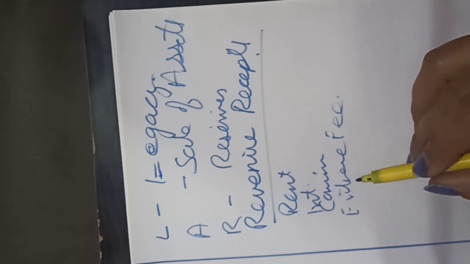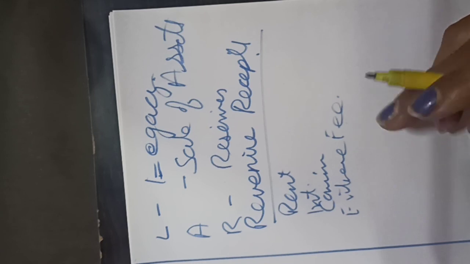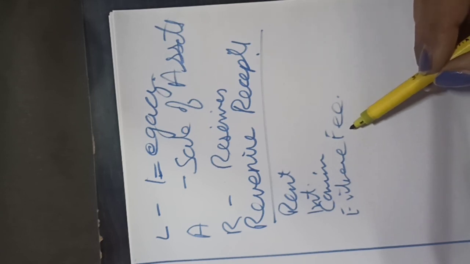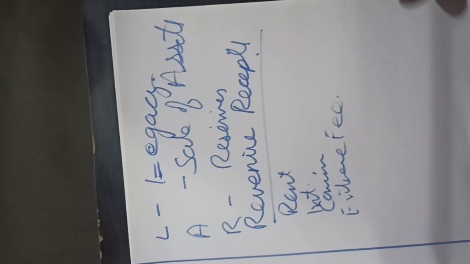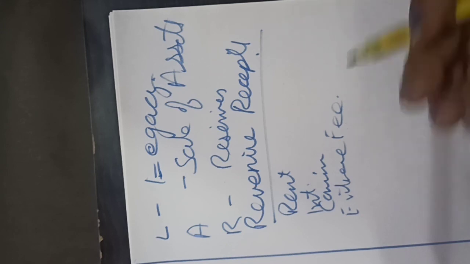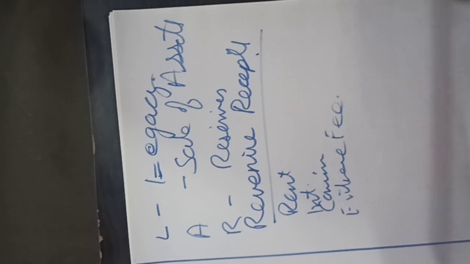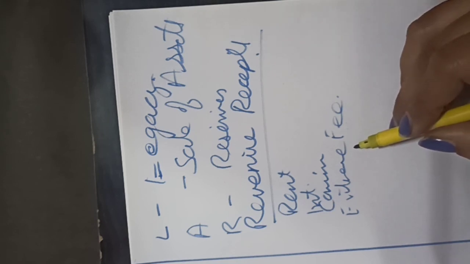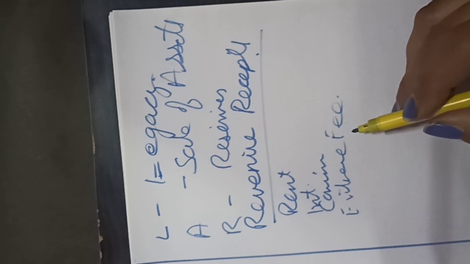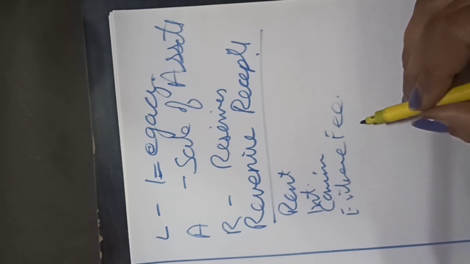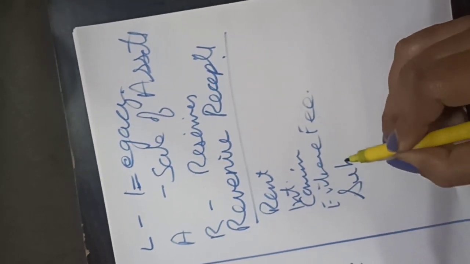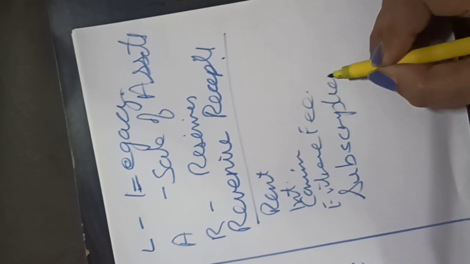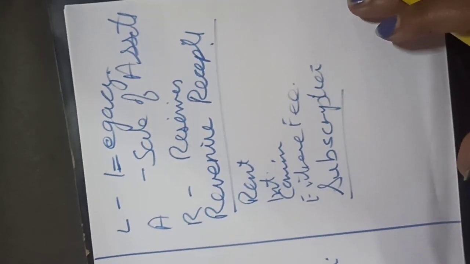Some treat it as one-time capital in nature, as entrance is only once, and some feel that because members are joining every year, members may come, members may leave, entrance is not restricted to any one year. So it is taken as a revenue receipt. In case there is no proper instruction given, then we consider it as a revenue receipt only. Okay, and the major revenue receipt for any NPO is subscription.